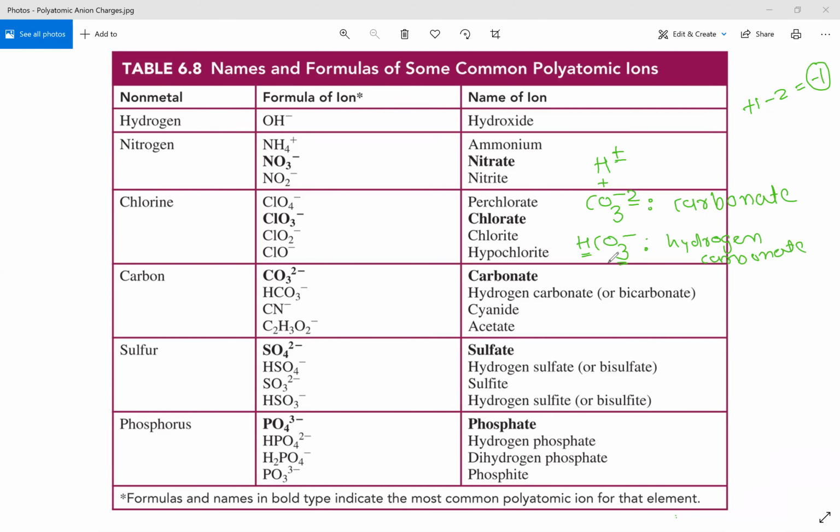If you look at the CO3 and compare it with the table, you will see CO3 is one of the anions in the table which should end with "ate." So the name should be carbonate. However, because you have an additional hydrogen with it, you just call it hydrogen carbonate. Do you guys follow this?